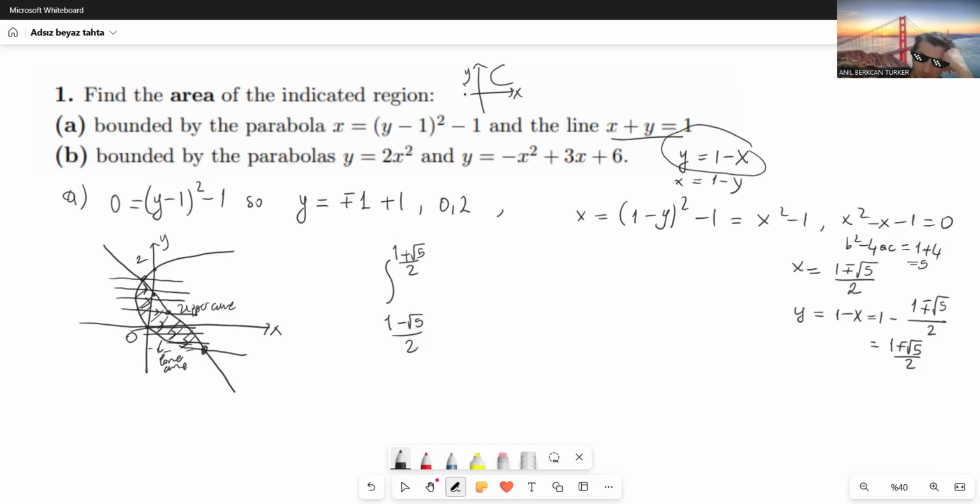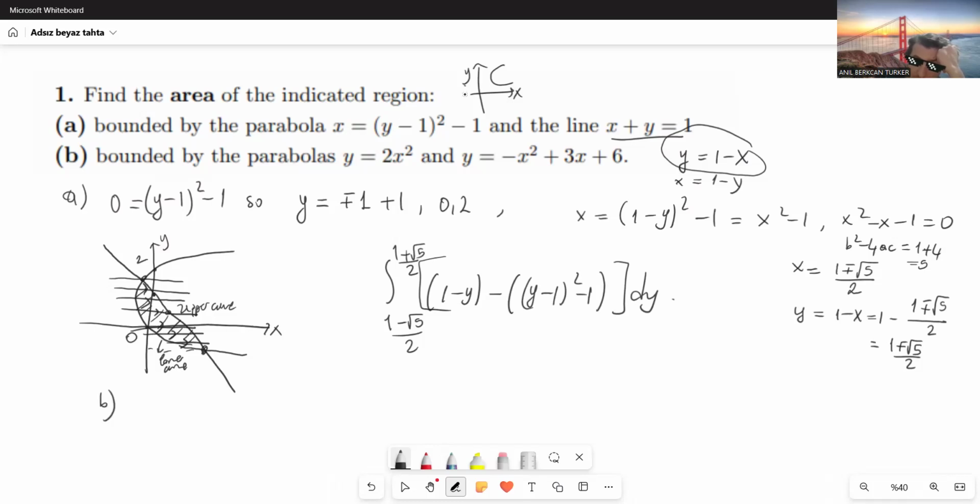Okay. So my integral is x equals some equation. So 1 minus y minus the lower one, which is (y minus 1) squared minus 1, dy. Okay, that should give me the area between these two curves.